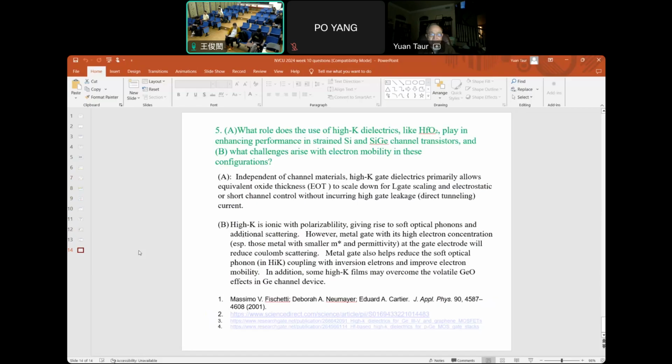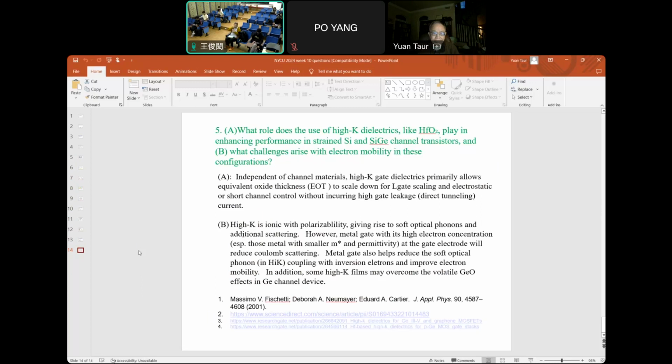Also with high K like hafnium oxide, you have metal, and once you get in contact with the semiconductor, you may have gap states and Schottky barrier issues.